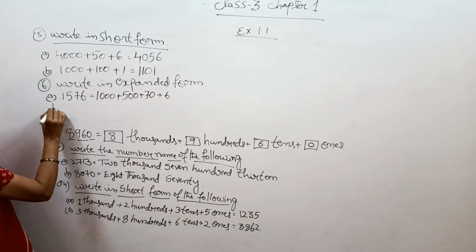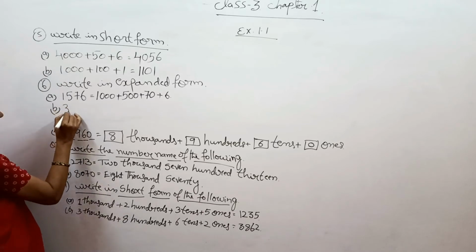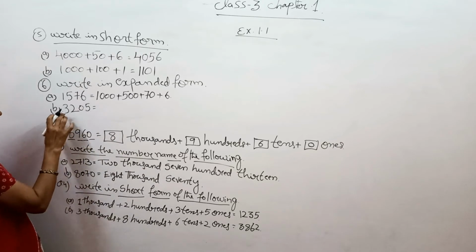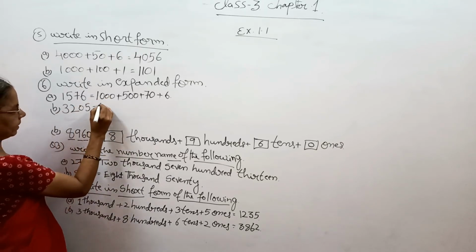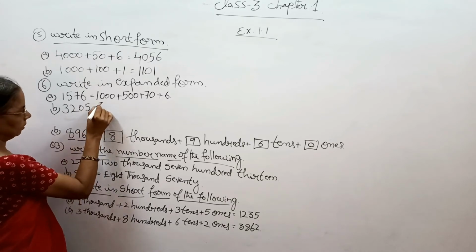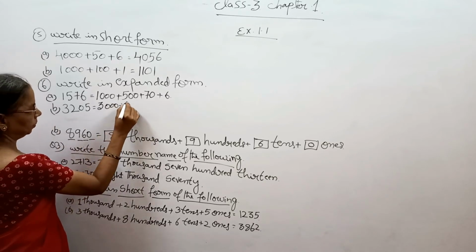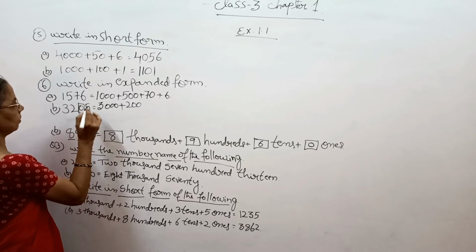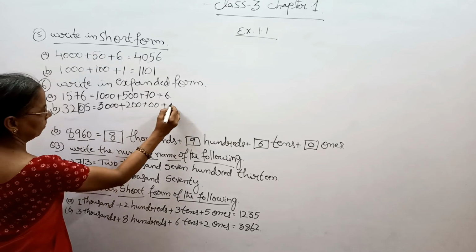Again, question number B, 3205. Similarly, as we wrote in the first question, we have to write the numbers: thousands, 3000 plus 200 plus, in the tens place there is no number, then simply put 00 plus 5.